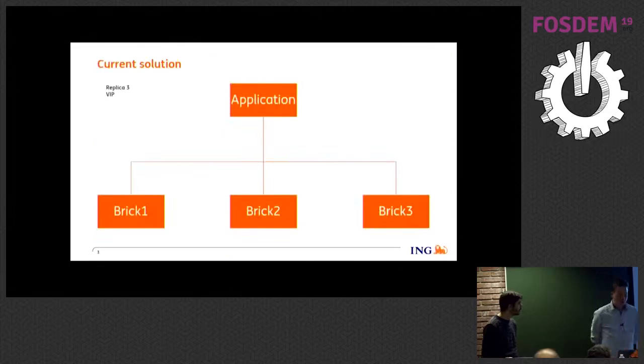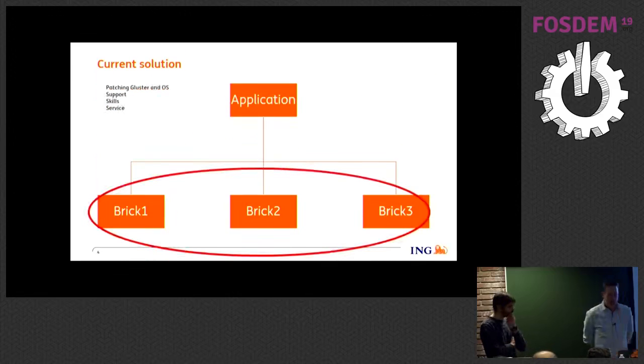So we have a current solution which we offer to our internal clients, which is a pretty basic setup of a replica three-node Gluster, where the client connects to a VIP, which moves over if one of the nodes goes down. The downside of this solution is that we deliver these 3 Gluster nodes to our clients and they need to do their own support and maintenance.